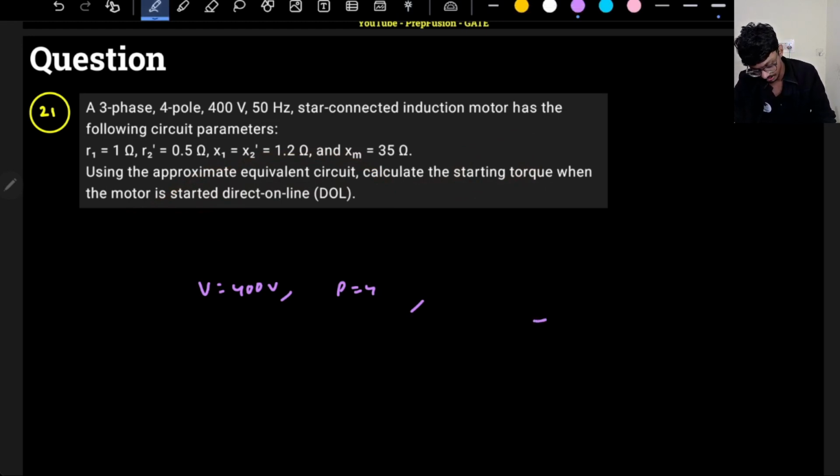If you remember the approximate equivalent model, because R1 is given, I will include R1. If R1 was not given, I would have excluded R1. So it will be R1 plus R2 dash, and then j(x1 plus x2 dash).